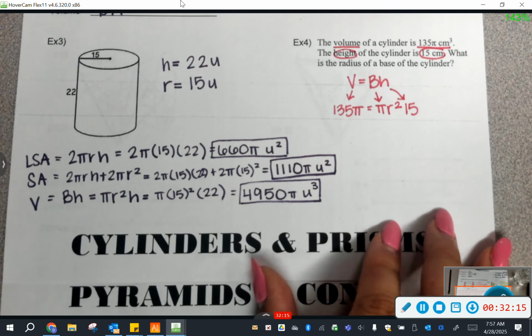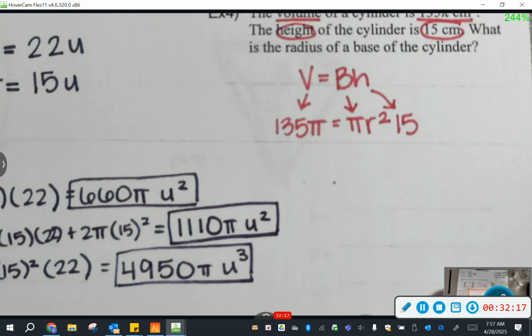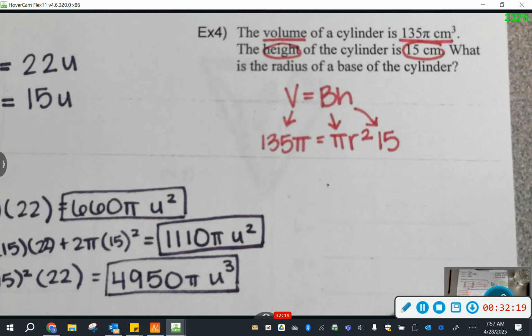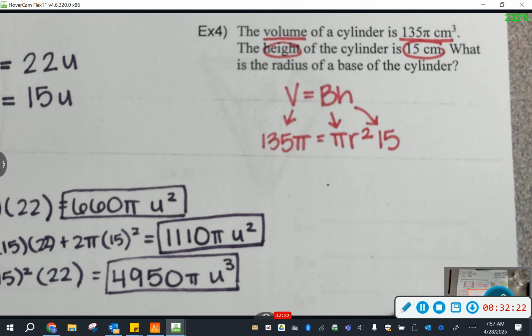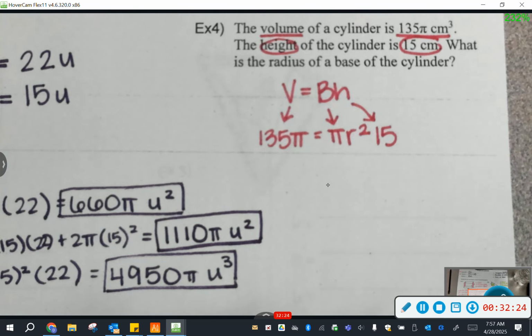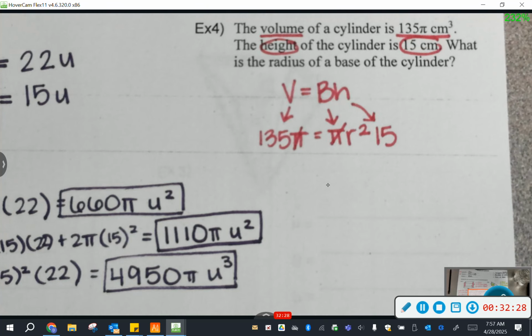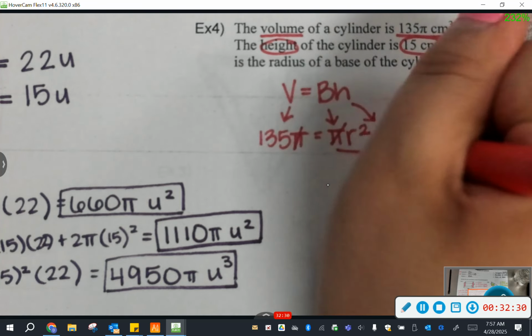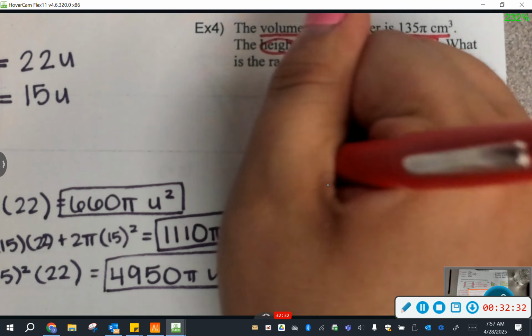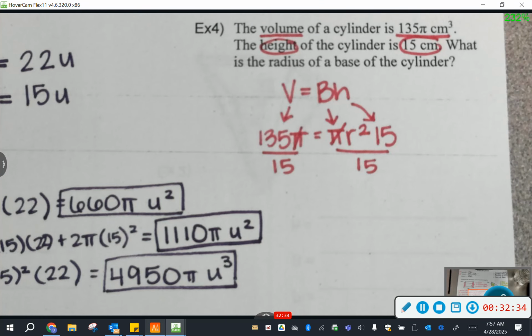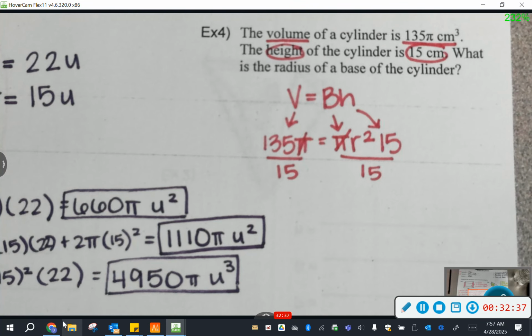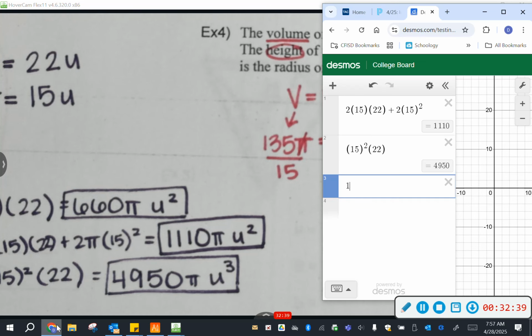I want to know what is the radius. What can I do here first? Cross out my pi's. And I can divide by 15. 135 divided by 15 is 9.